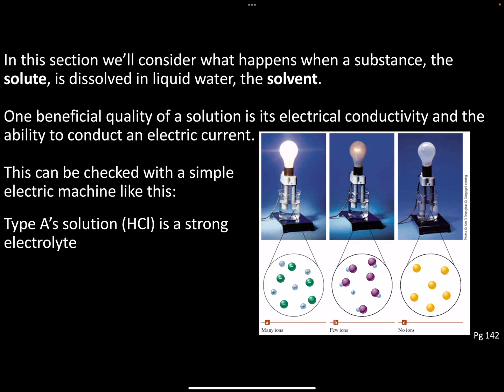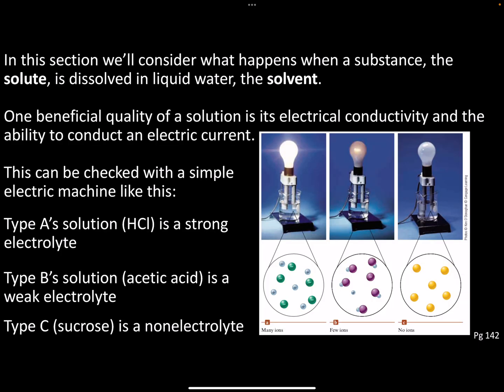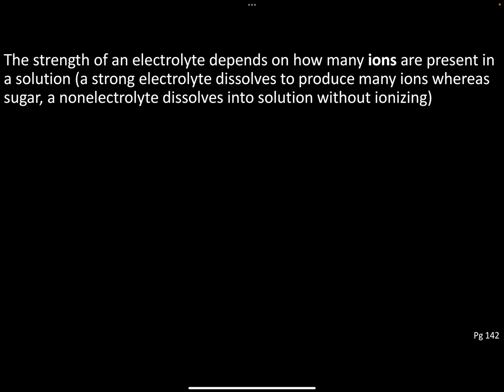That type A solution is hydrochloric acid. It's a strong electrolyte. B is acetic acid, which is a weak electrolyte. And then C is a non-electrolyte. Sucrose is a non-electrolyte. So it's actually not a pure liquid, I should correct myself, but it does not conduct electricity at all. Now, the strength of an electrolyte depends on how many ions are present in a solution.